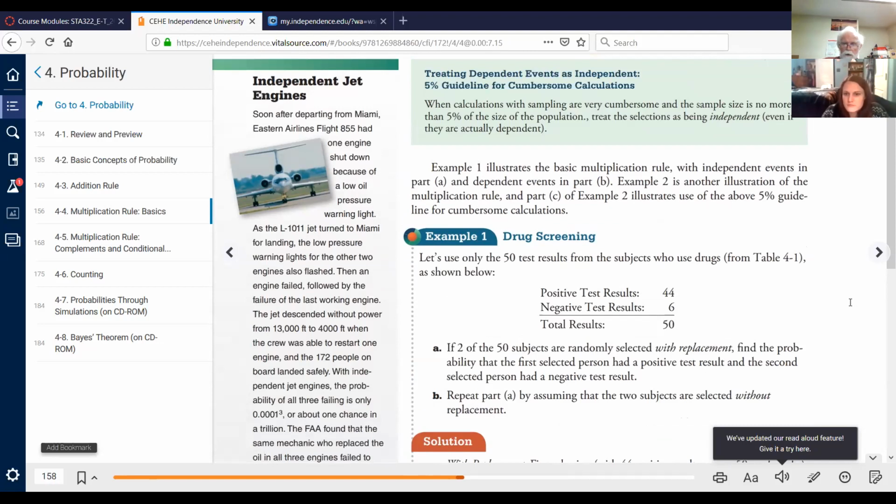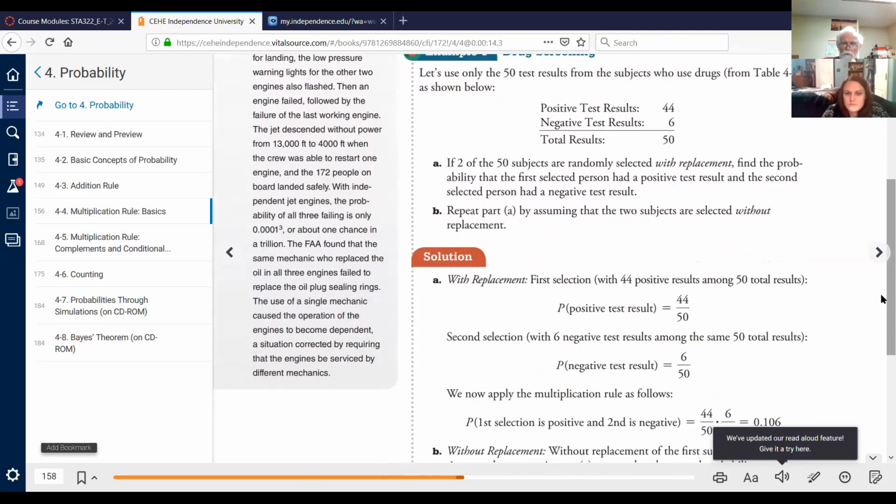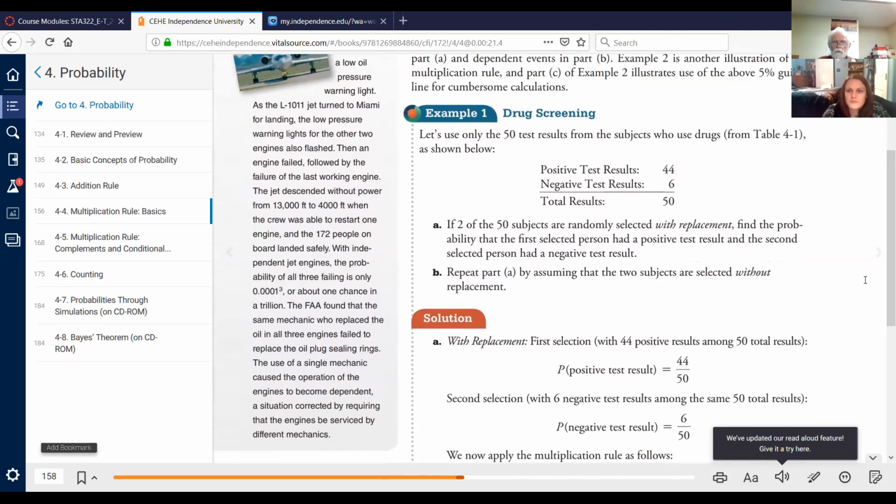So what happens if two of the subjects are randomly selected? Two of those 50 subjects are randomly selected. Find the probability that the first one had a positive and the second a negative.